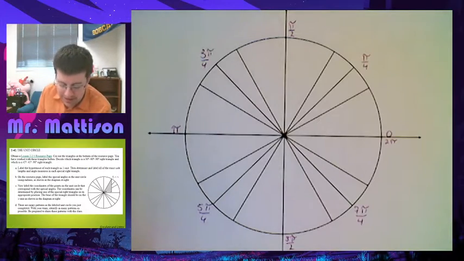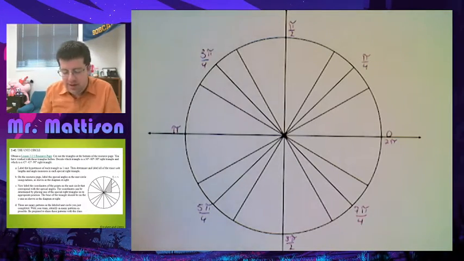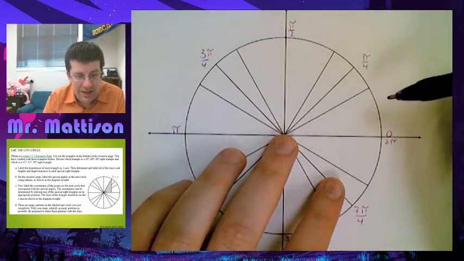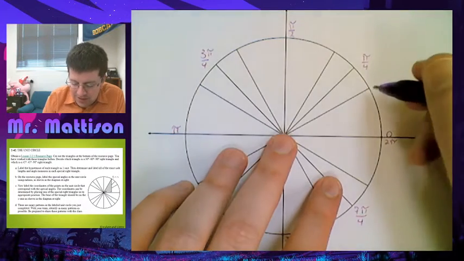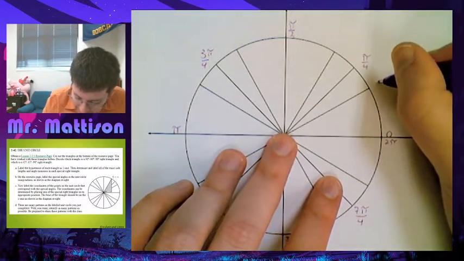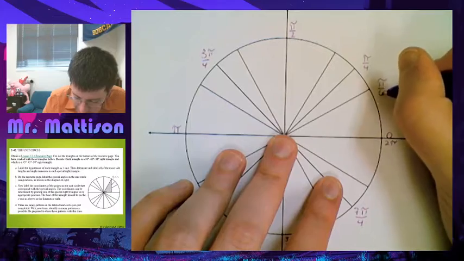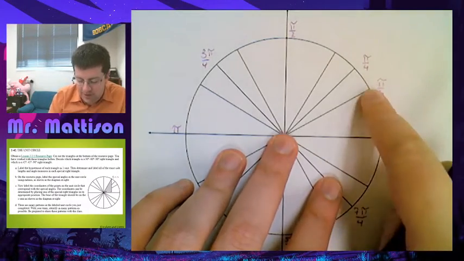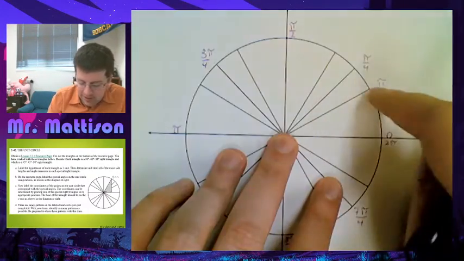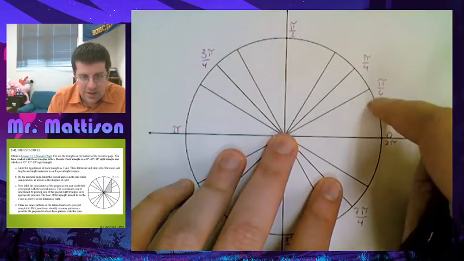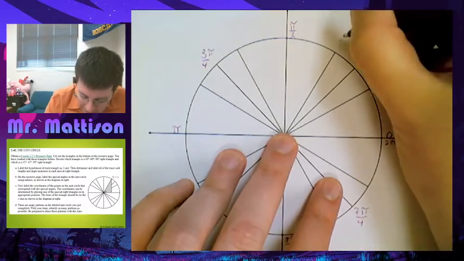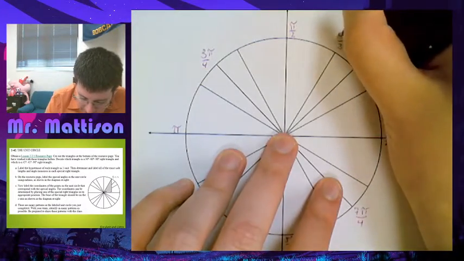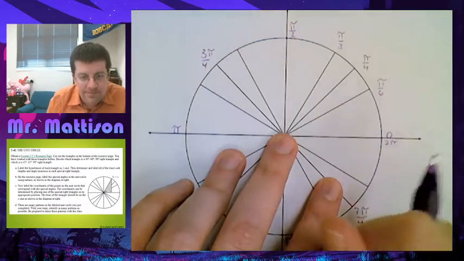Okay, so these next parts are going to break it down into sixths. So this is going to be pi over 6. And from here to here is another sixth. That's 2/6, which is also 1/3, or pi over 3.